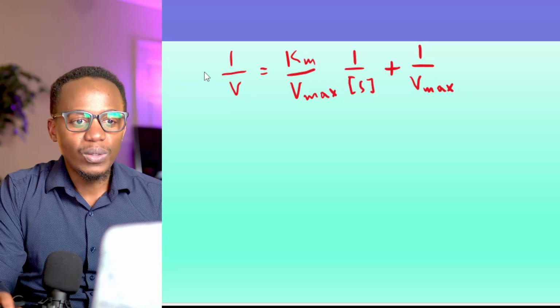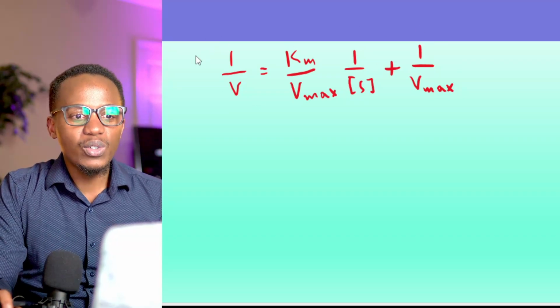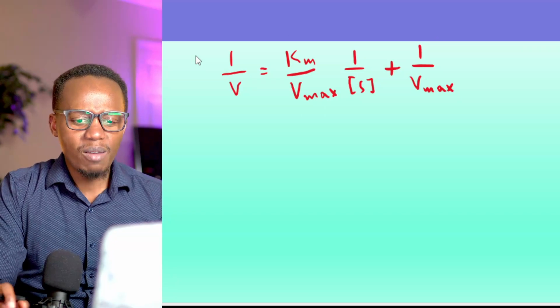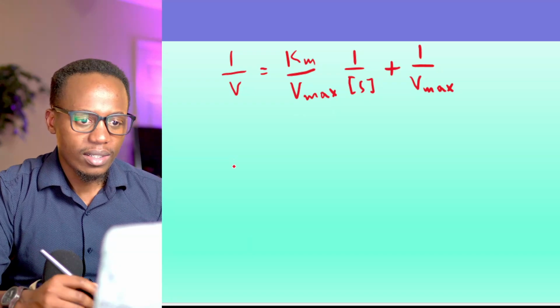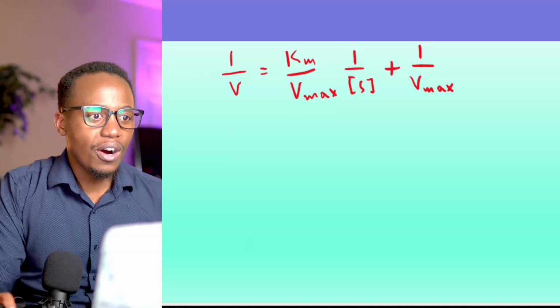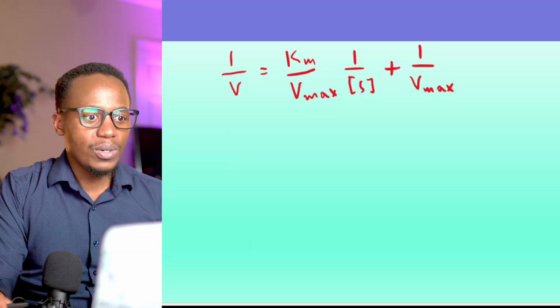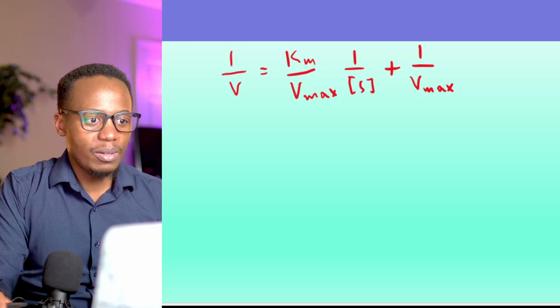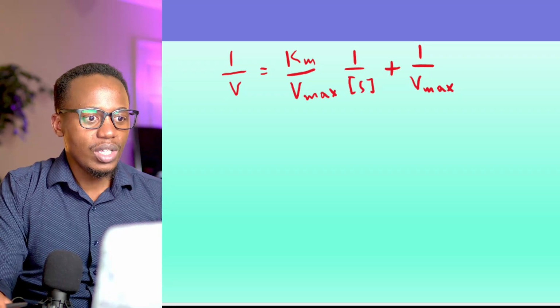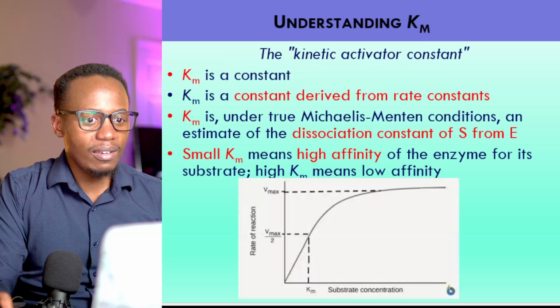This is because this equation is going to give us a linear plot rather than a curve.